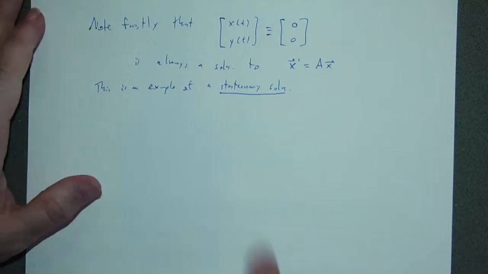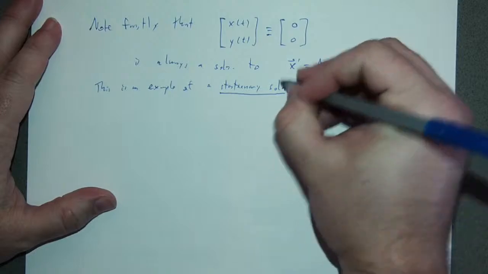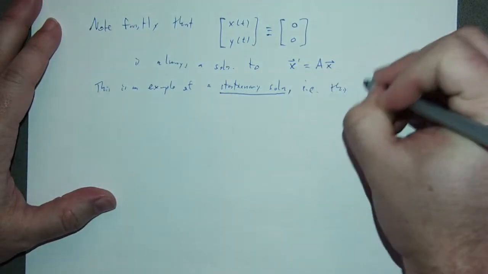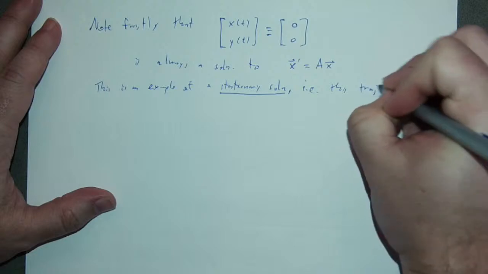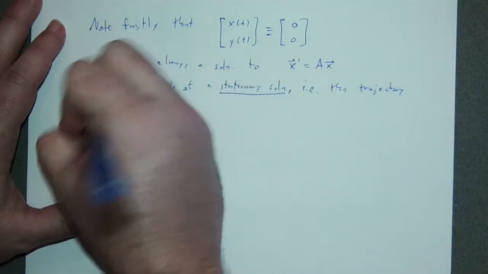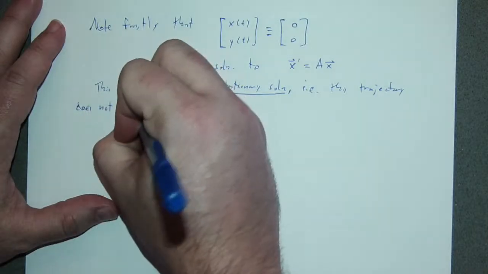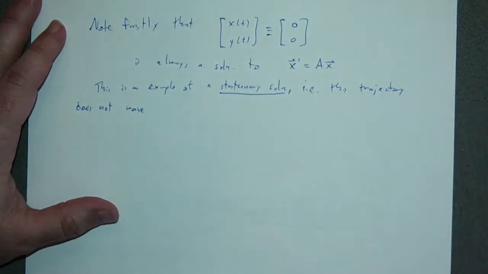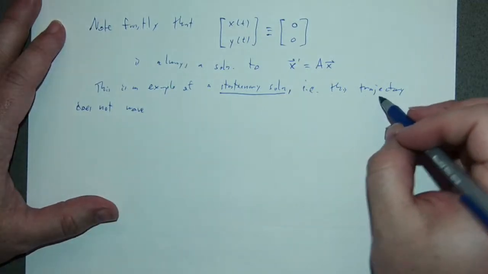All right. What this means, of course, for a stationary solution, i.e. this solution does not move, right? Maybe I shouldn't even call it a trajectory.